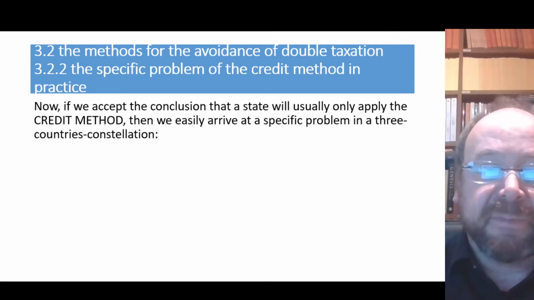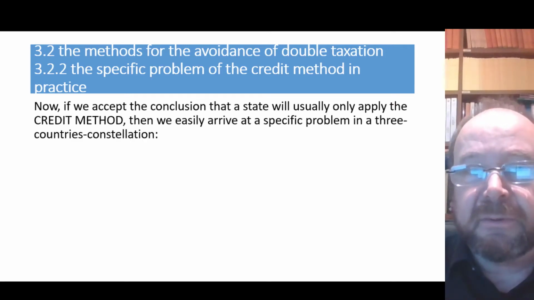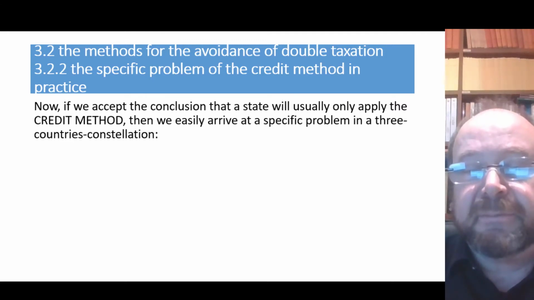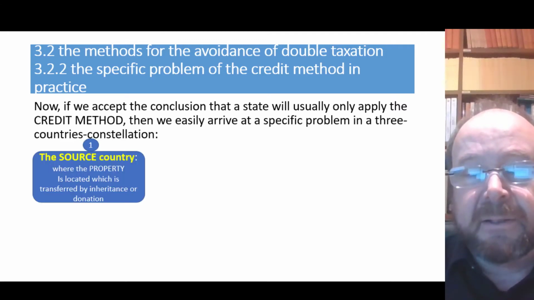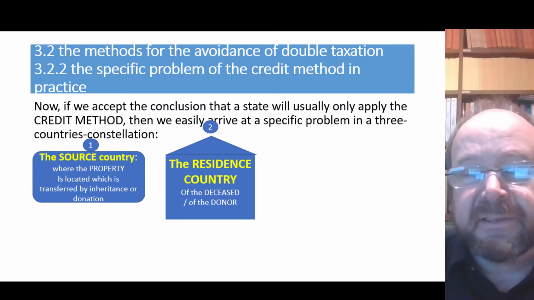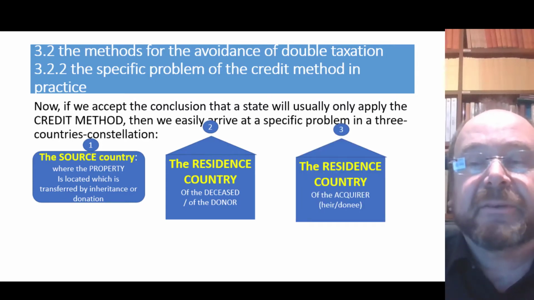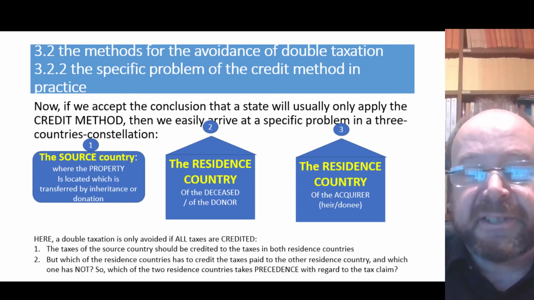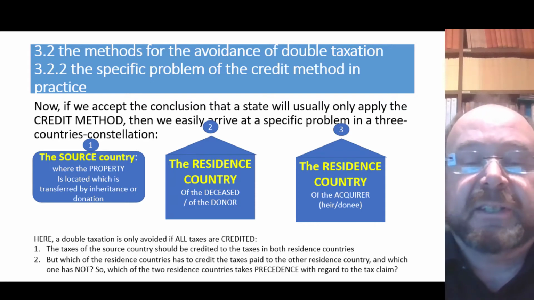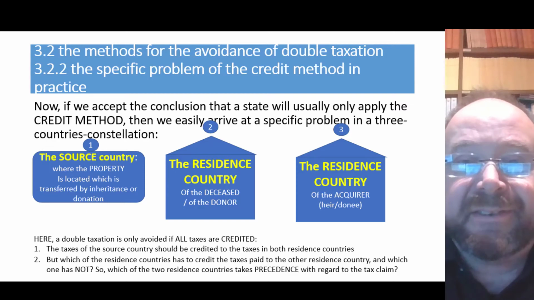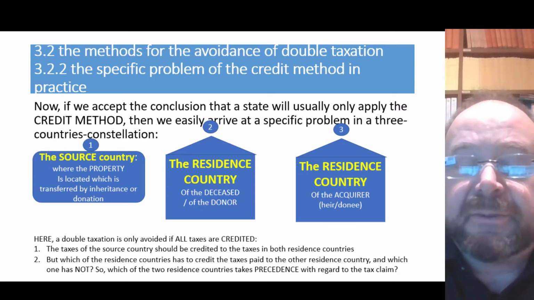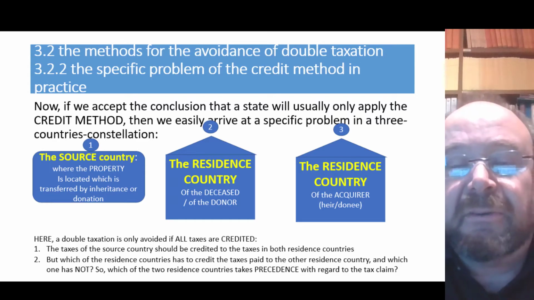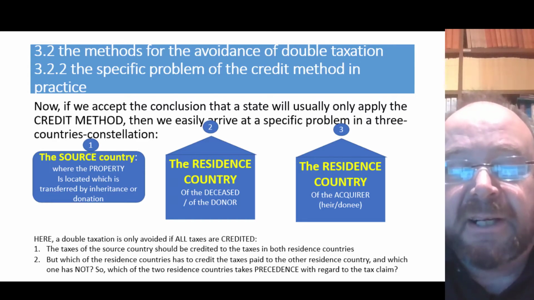Now we have, when we look at the credit method, a very specific problem. We have again these three countries involved. A double taxation can only be fully avoided if not only the tax of the source country is credited, but also the country of the one residence country credits the tax of the other one.